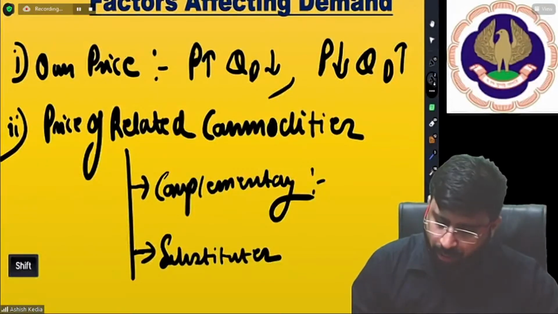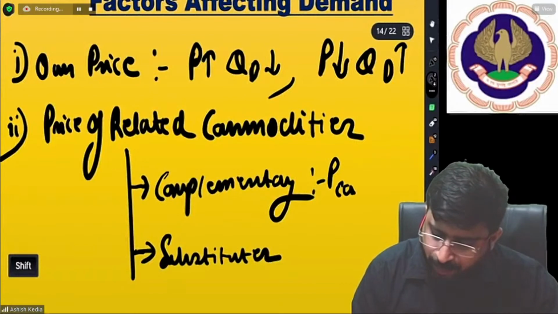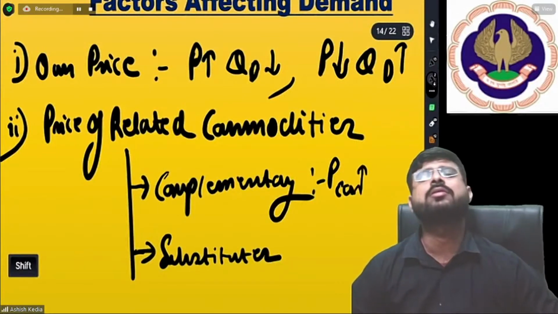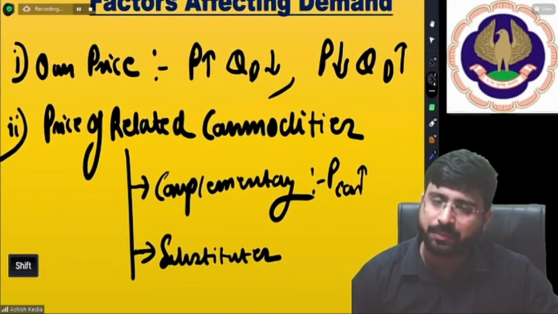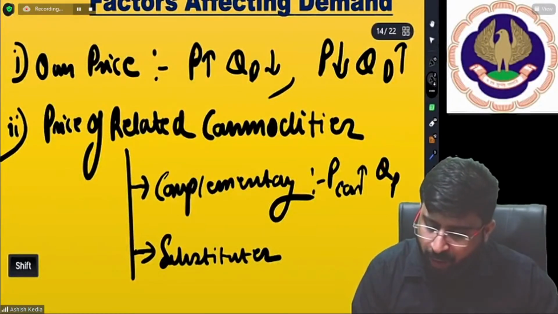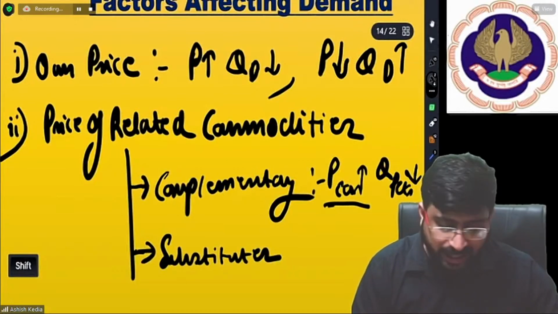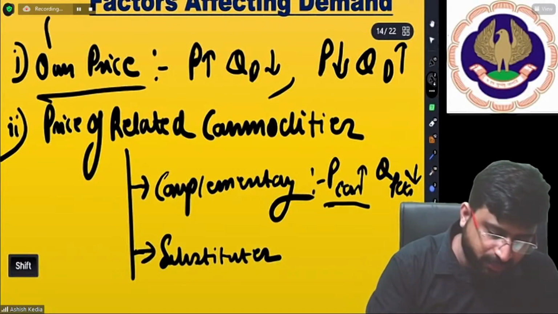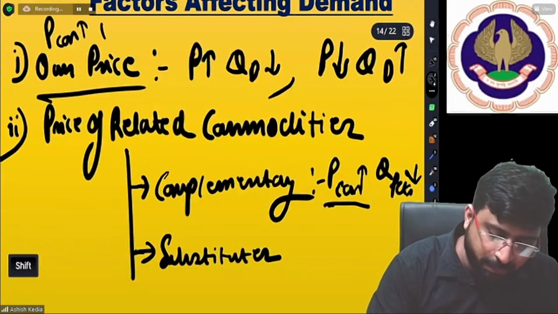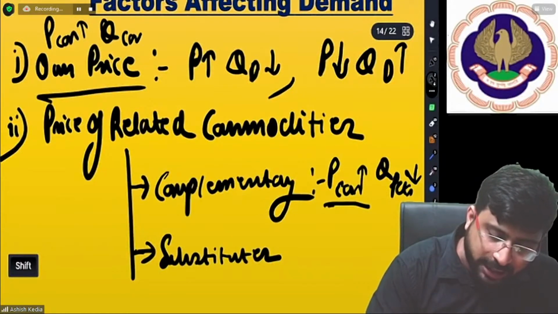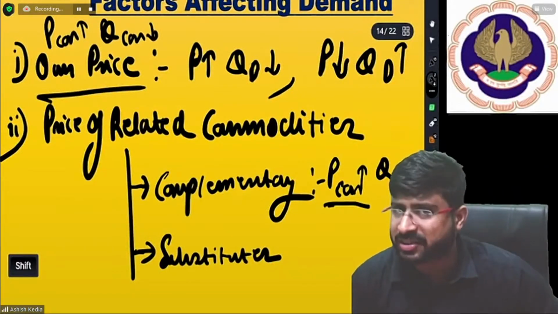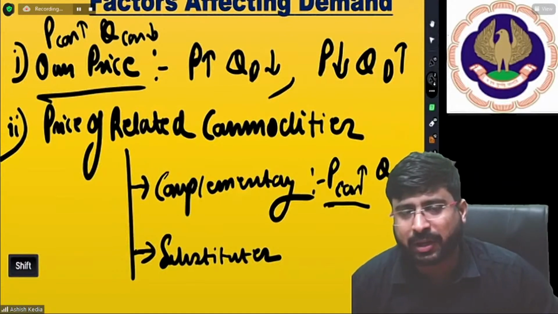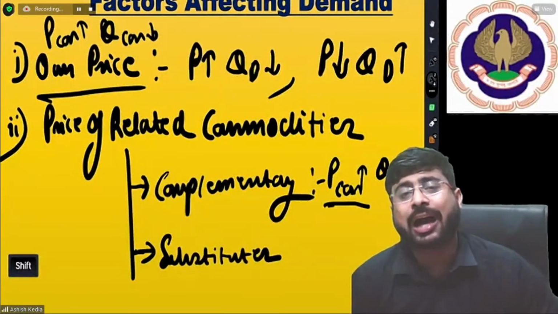See, complementary: car and petrol. So guys, if the price of a car increases, what will happen? Obviously, sir, if the car becomes expensive, the quantity of petrol will fall. Why? Because as we studied in own price, if the price of a car rises, then the quantity demanded for cars will fall.